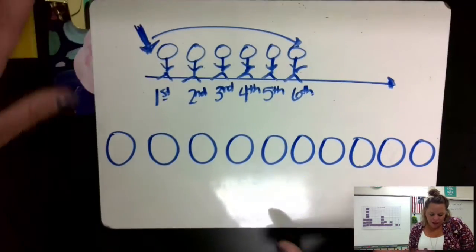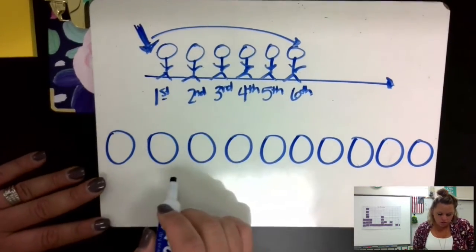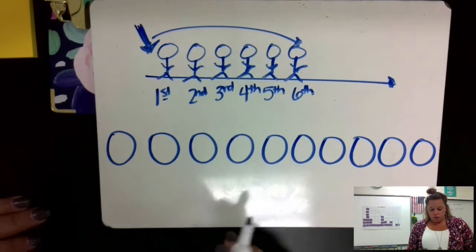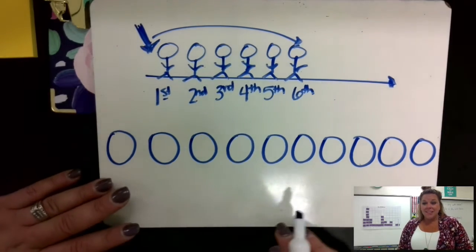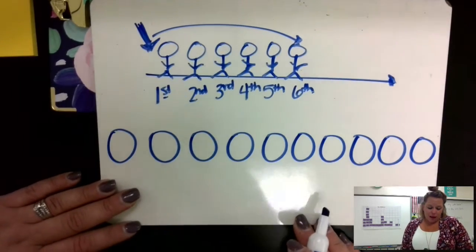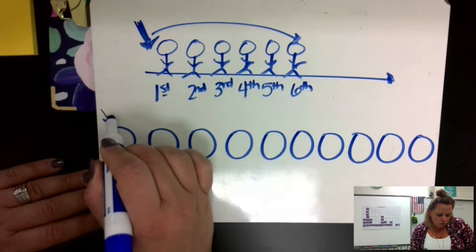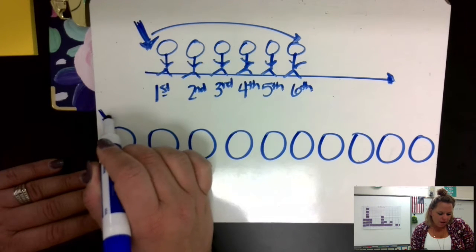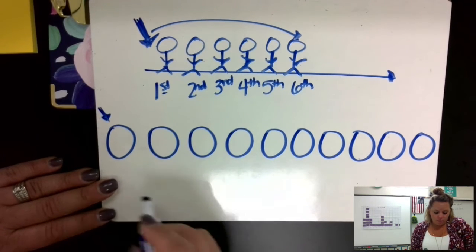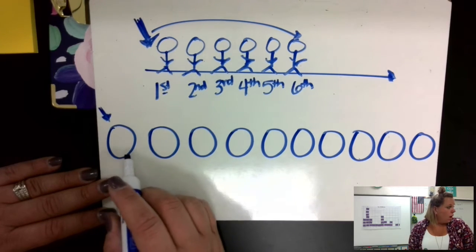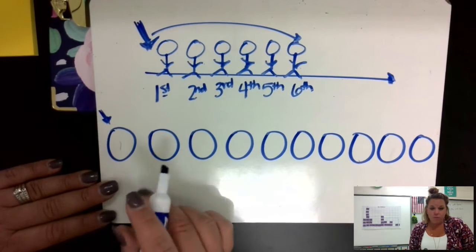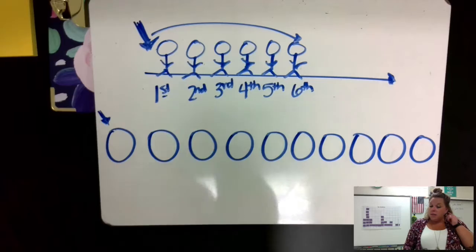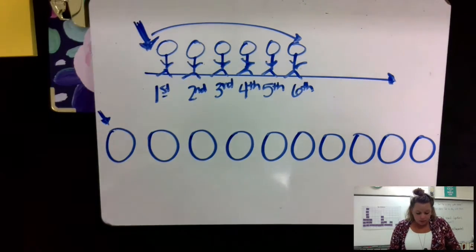So I have all of these circles and I want to know which circle is in the 7th spot. So if I want to know which one is in the 7th spot, I am going to start over here and I'm going to count from 1 to 7. Remember that counting by ones is the same thing as ordinal position.